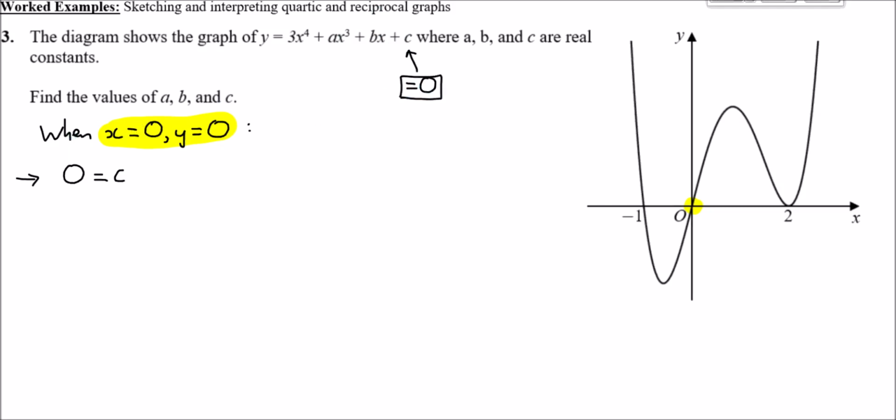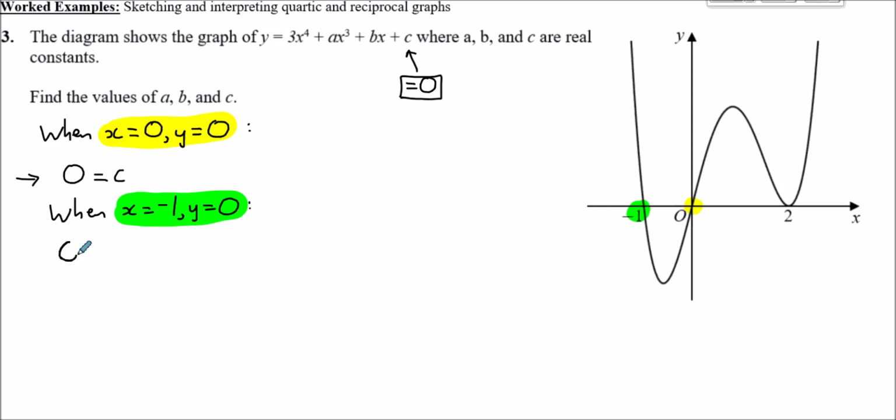So now we can substitute another point. So what I'd suggest we go for next is -1. So when x is -1, y is 0. And we know that because that's one of the roots. So let's see what we can find out by inputting when x is -1.